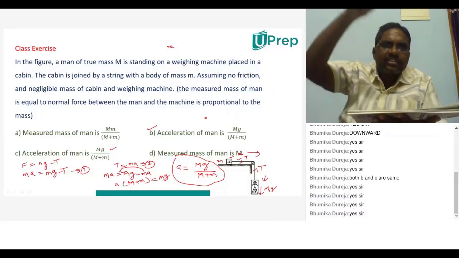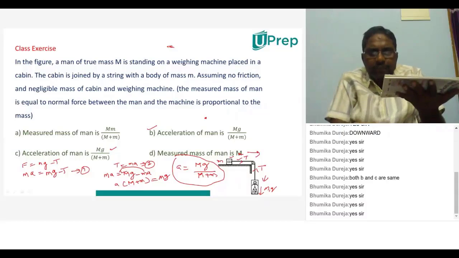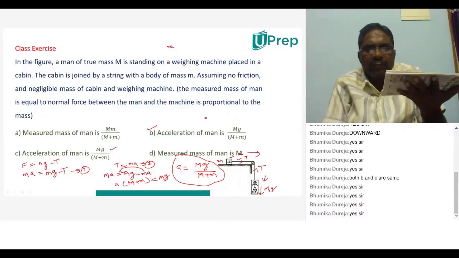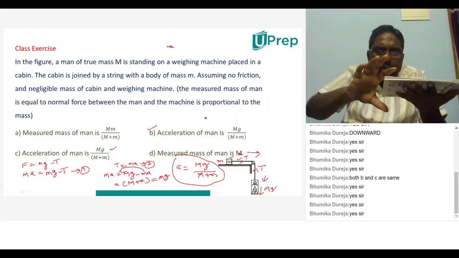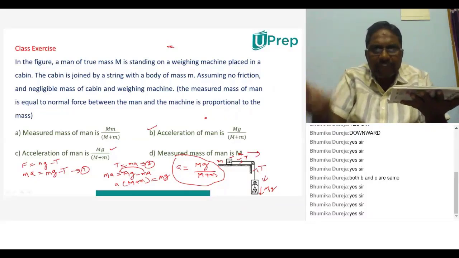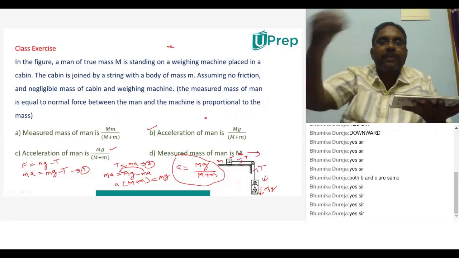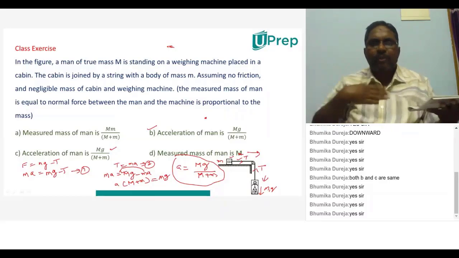When normal reaction is there in the upward direction and the object is moving down, definitely the true mass of the man, whatever is weighed by that particular weighing machine, will not be the same as his mass.